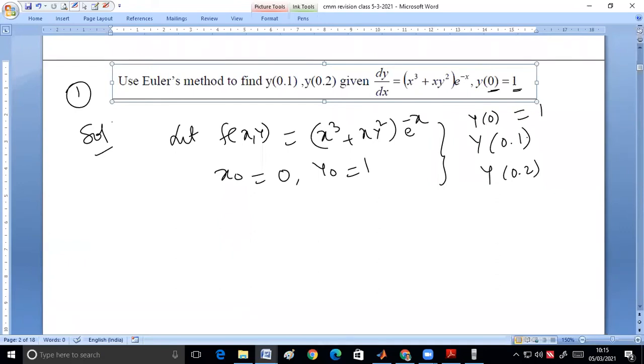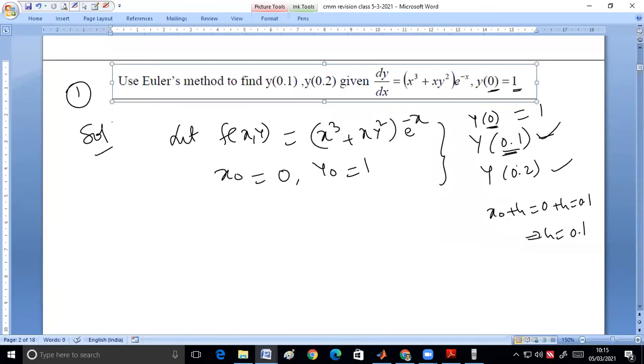Now we will find y of 0.1 and also y of 0.2. How to find this value? If you observe the increment here, x naught is 0. This new value is called x naught plus h. x naught is 0 and x naught plus h equals 0.1. Then h equals 0.1.